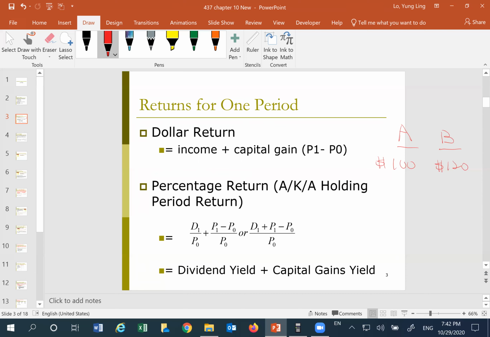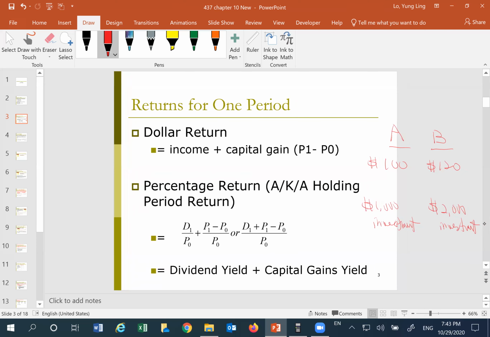So what we need to do is compare this earnings or dollar return with respect to how much was actually invested in the first place, right? So maybe A earned $100 dollar return that is based on $1,000 of investment. While B maybe earns $20 more, but what if that is based on a total of $2,000 investment? Right.